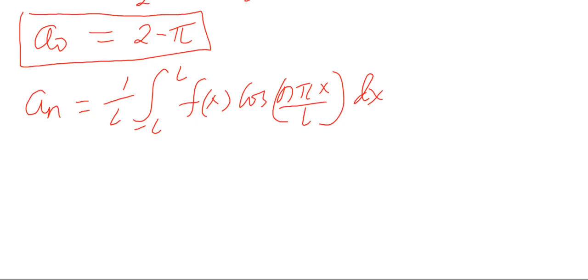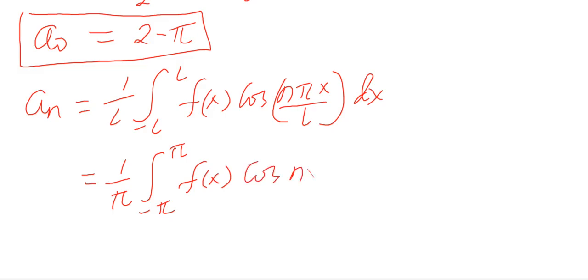But because L is equal to pi, we will now substitute and write 1 over pi, integral from minus pi to positive pi, then we have f of x, cosine of nx dx. Notice that because L is pi, we have pi cancelling out and we are left with nx.